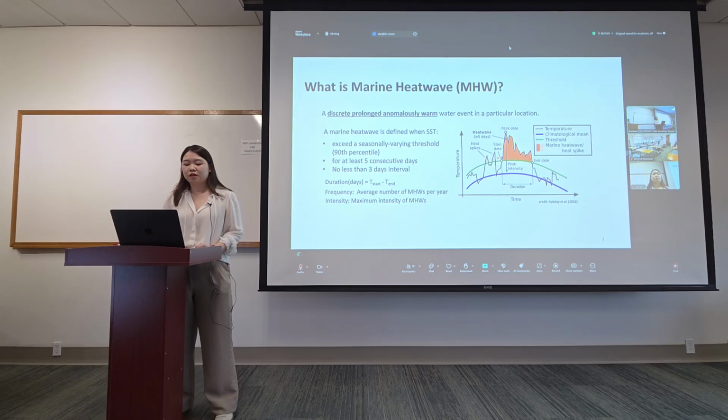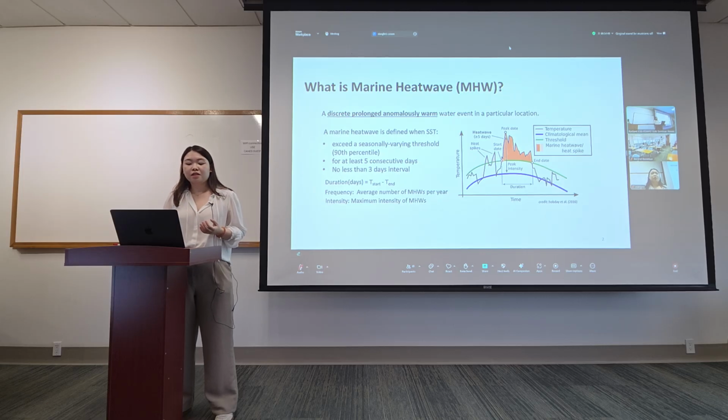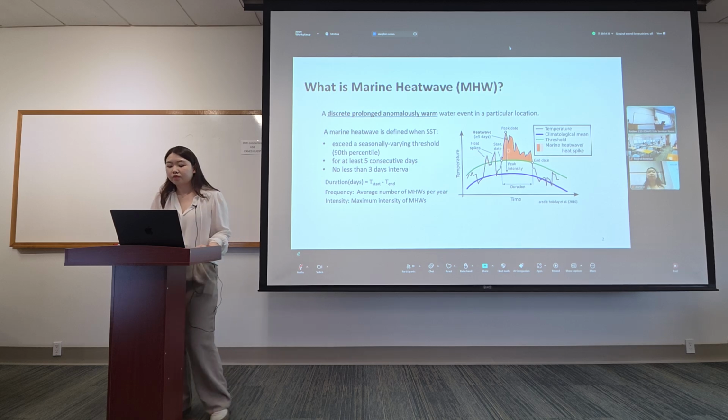First, the SST should be above the threshold, and the threshold is usually defined as the 90th percentile of the daily climatology. Then, when the SST is over the threshold, it needs at least 5 continuous days, and there should be no less than 3 days interval. So we can define this red part as a marine heat wave event.